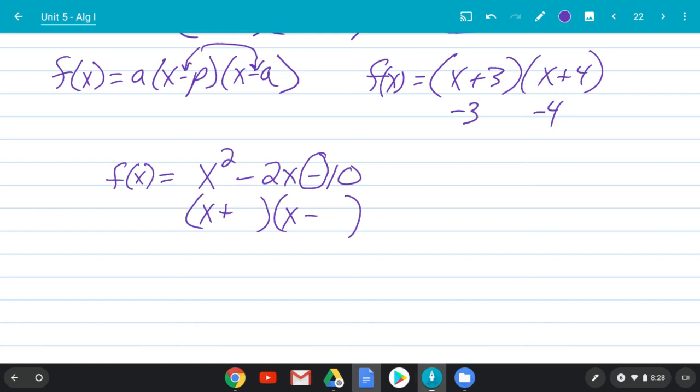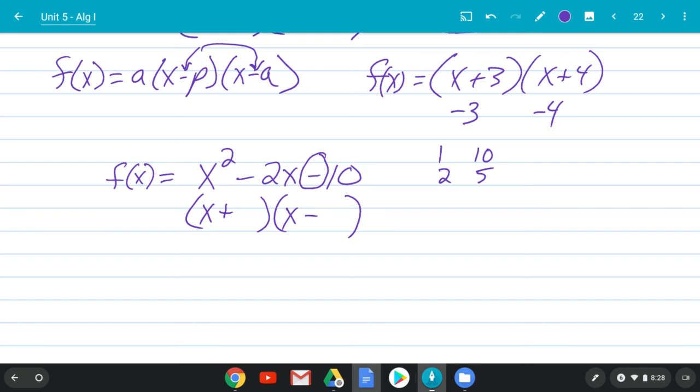All right, so now what? We already did the leading coefficient. We already split the signs. We've already taken care of our signs. So now we list the factors of 10. 1 and 10, 2 and 5. That it? Okay, which of those come together? Now, my signs are opposite, right? Since my signs are opposite, I have to subtract these numbers.